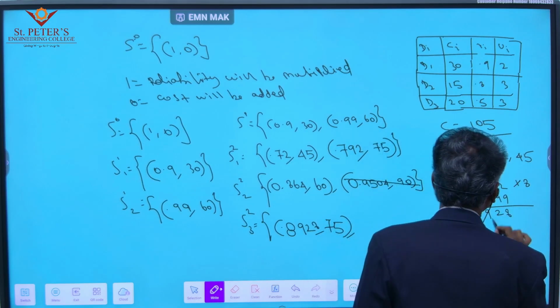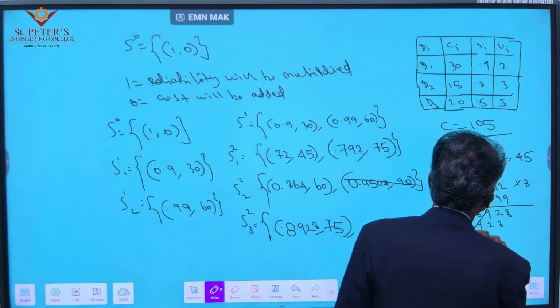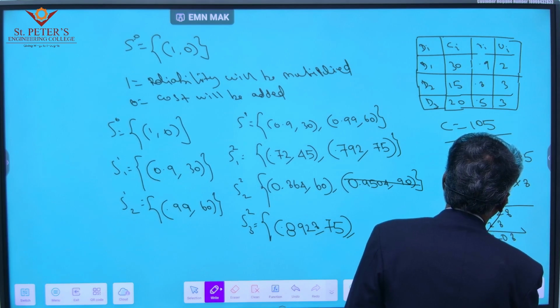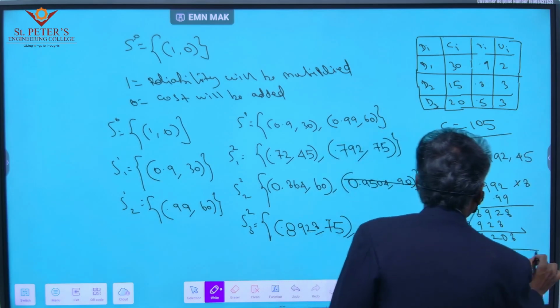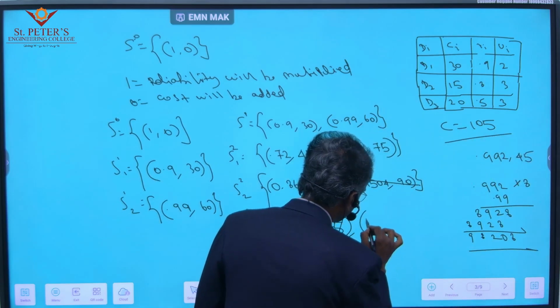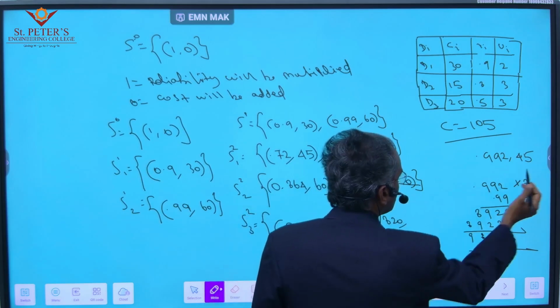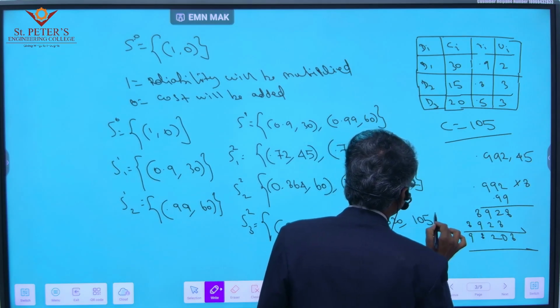Correct only. So this is 0.9820, and 45 plus 60, this is 105.